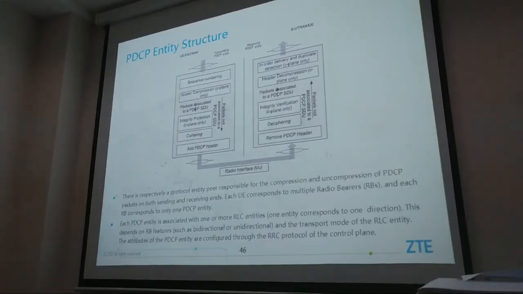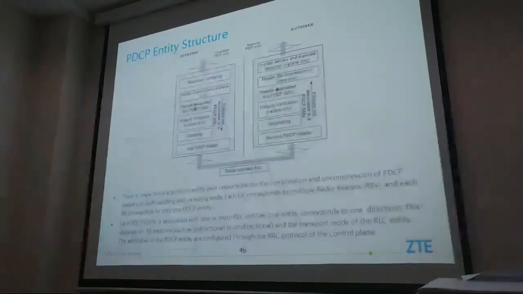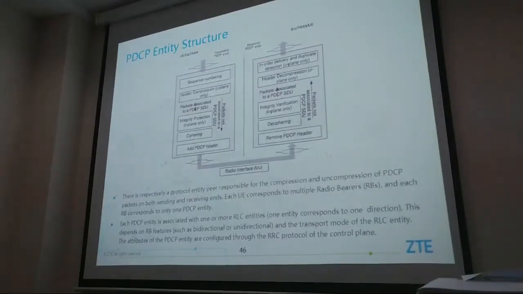For example, the UE hands over to another eNodeB. So I hand over from eNodeB 1 to eNodeB 2. eNodeB 2 and eNodeB 1 will use the X2 interface to communicate.